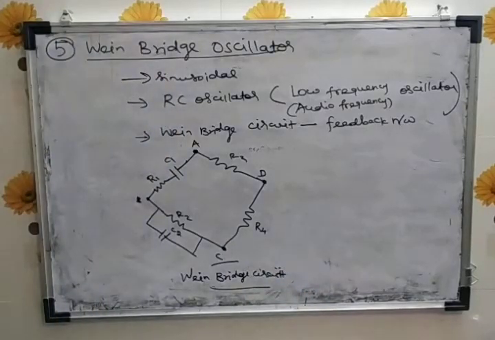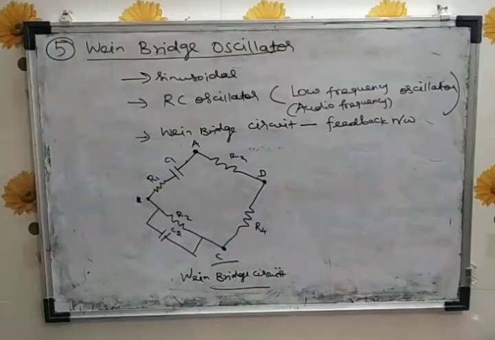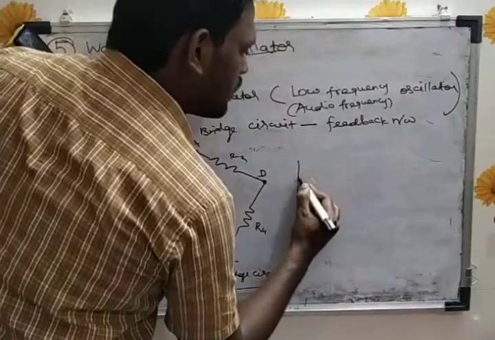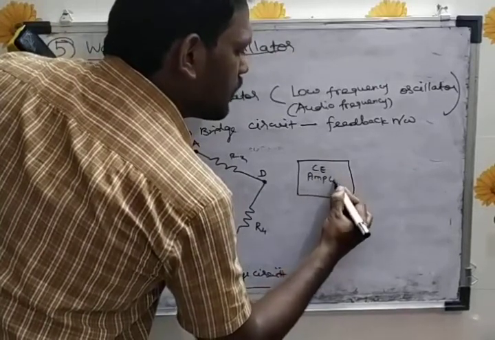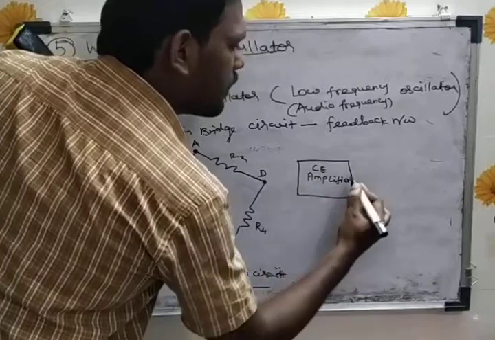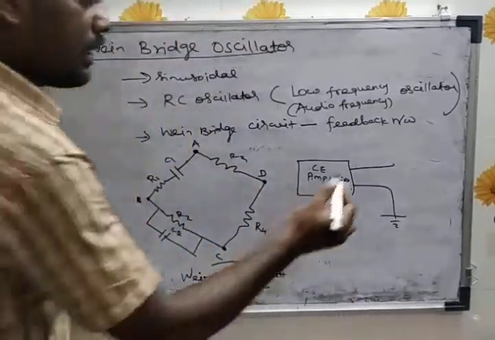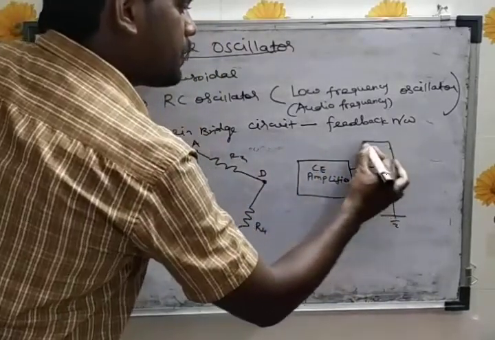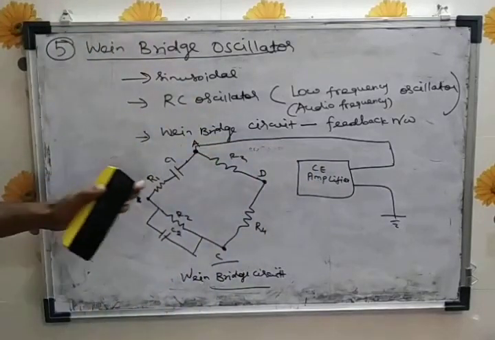A Wien-Bridge oscillator uses the Wien-Bridge circuit as the feedback network. So consider a CE amplifier circuit. We take the output of the amplifier and feed it back to the input through the Wien-Bridge circuit.